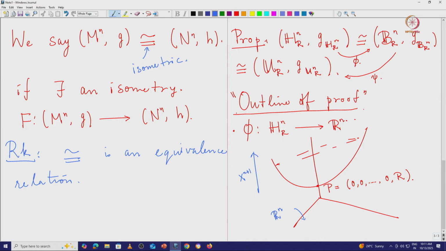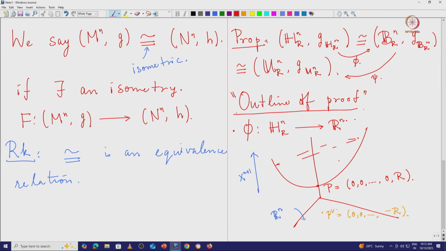Then if we reflect this point P across the Rn plane, you would get a mirror image here, which we call P hat or P dual. So this is basically just the point whose components are 0, 0, 0, etc. The last component is minus r.